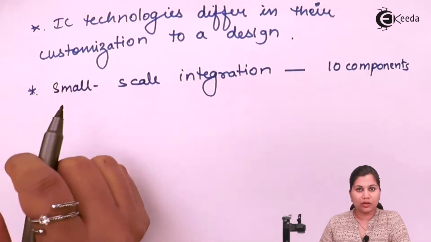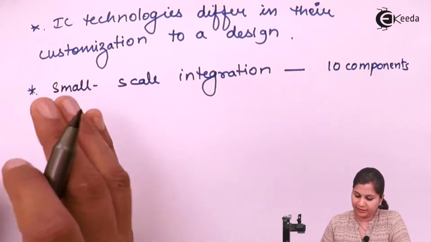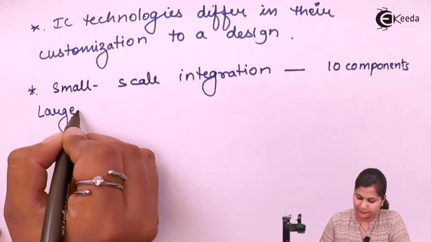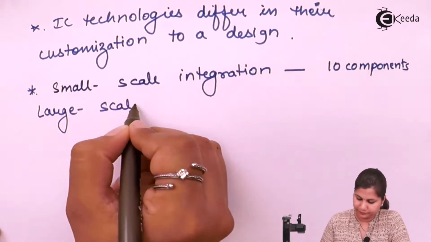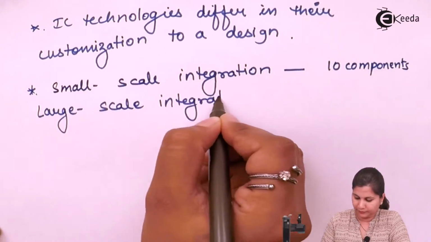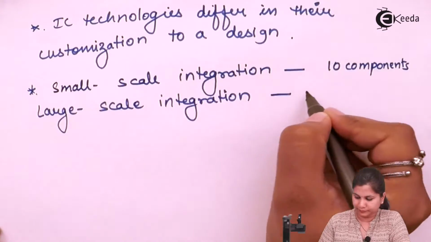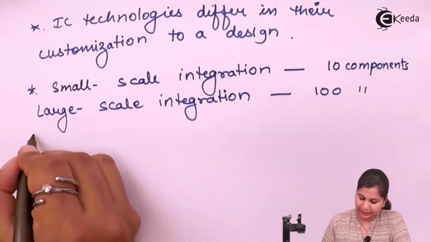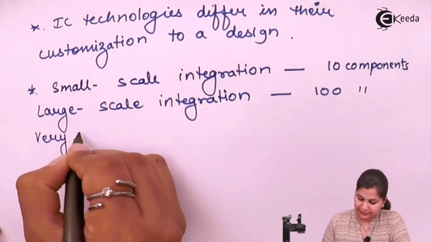If more than 10 and less than 100 components are present, that is called large scale integration. If more than 100 components are present, that is called very large scale integration.